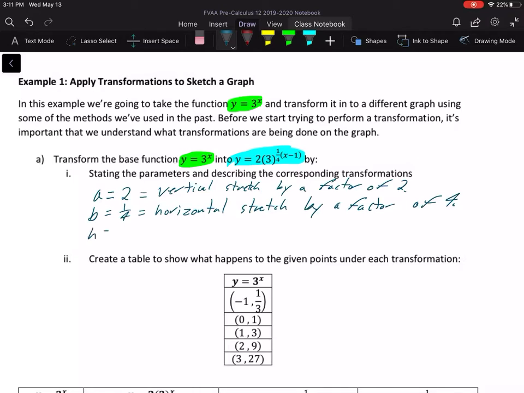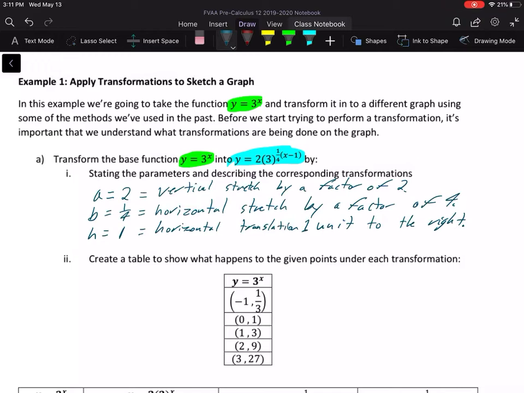Here I have an h value of positive 1, which means I'm going to have a horizontal translation 1 unit to the right, okay, 1 unit to the right.